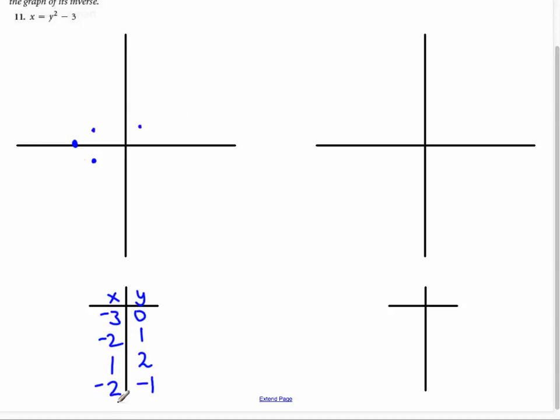I probably would need to put some more points in just to see exactly what it looks like. This point here bothers me a little bit. 1 and 2 should be up just a bit higher than that one. Okay, so I think what it's going to look like is sort of a sideways parabola, something like that one.